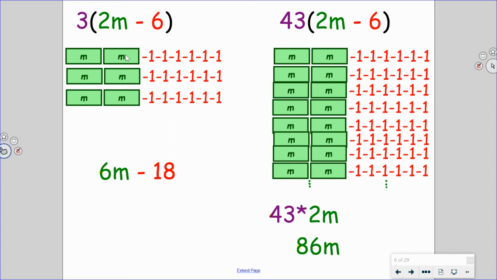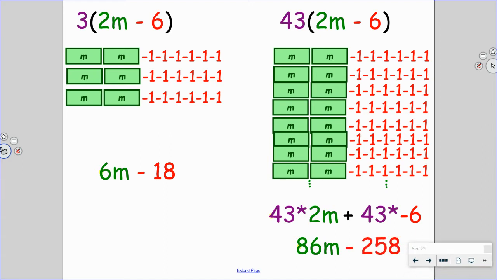Oh, hold on, Mr. Callen, hold on. We also will have not 1 group of negative 6, not 2 groups, not 3 groups, not 4 groups, but 43 groups of negative 6. Negative 6, negative 12, negative 18, negative 24, all the way to negative 258. Imagine drawing that model.